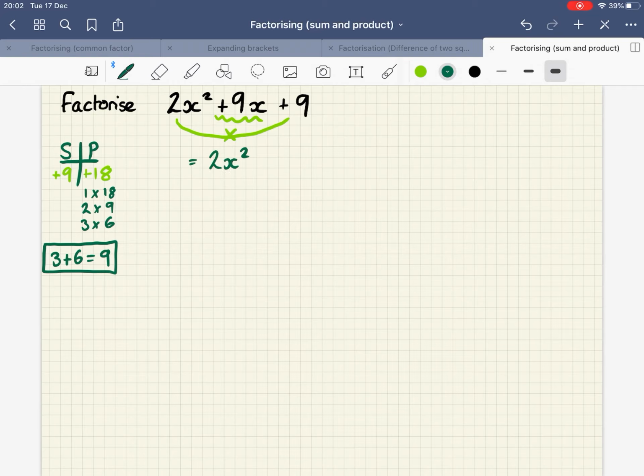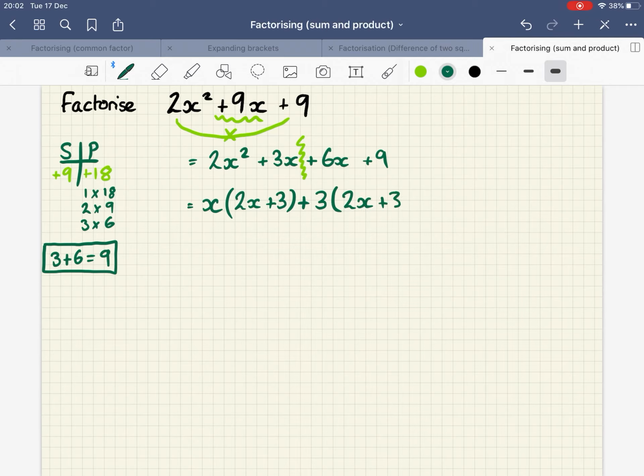So I've now got 2x squared, splitting apart that 9x to be plus 3x plus 6x, and that plus 9, same as before. Dividing down the middle. Common factorising that first half. Common factor there is x. And then it'll be 2x plus 3. Then the common factor here is going to be 3.